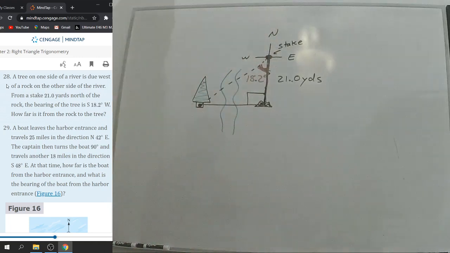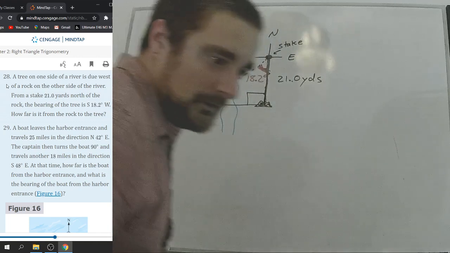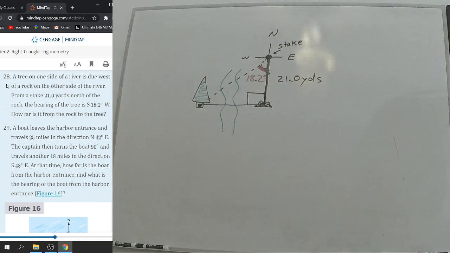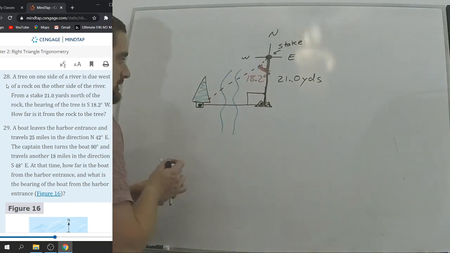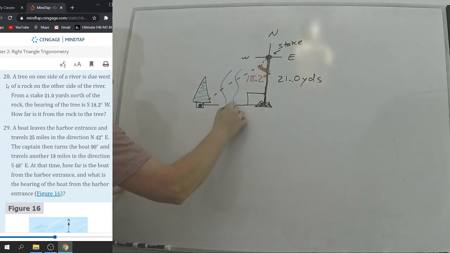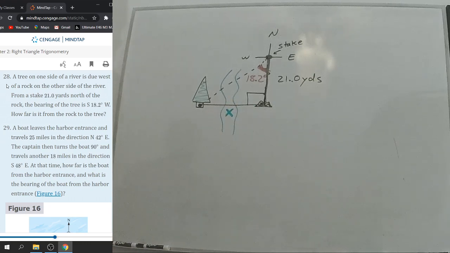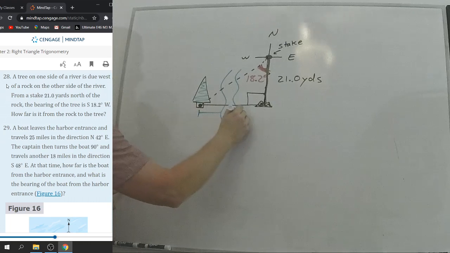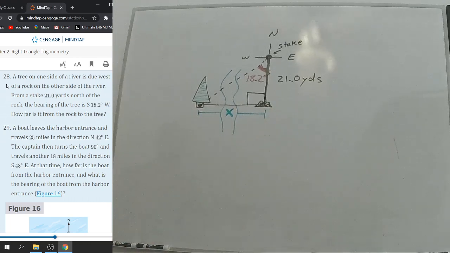So we better have a right angle in there somewhere. And that's where it is, right at the rock. Question says, how far is it from the rock to the tree? Since the river's kind of in the way there, I'll use blue as well. Let's call that X, the distance from here, the tree, to the rock over there.